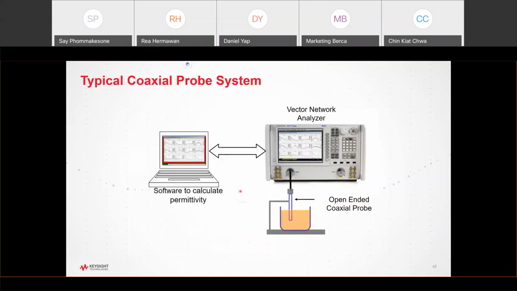So the typical setup, the software can run inside the network analyzer, and it has a cable connected to the port, either port 1 or port 2, and is submerged into liquid or soft material like phantom material, or even solid material, as long as your sample is flat.